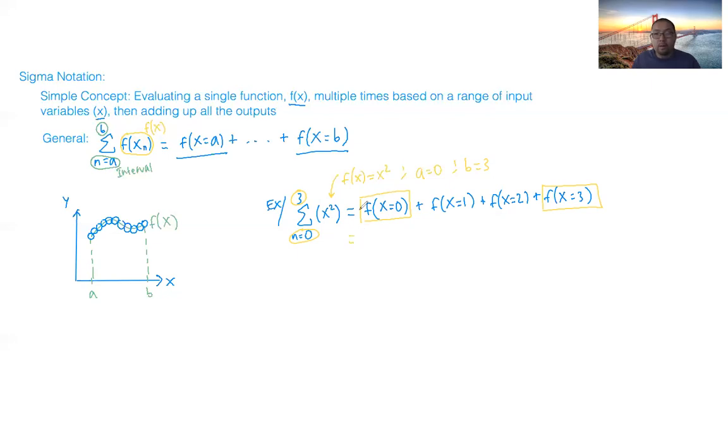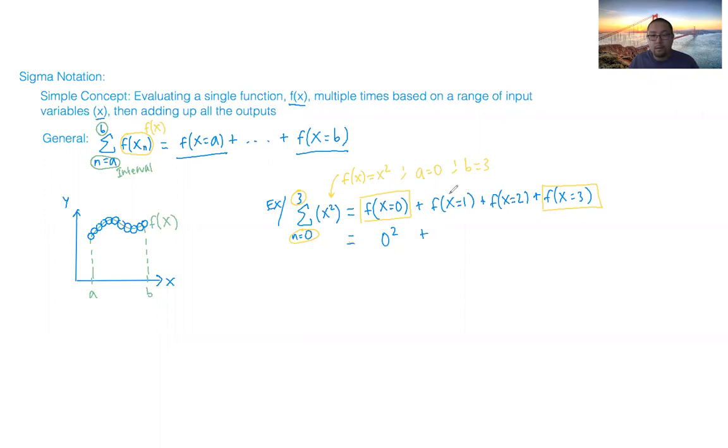Let's evaluate x squared at x equals 0. Wherever you see an x, put a 0, so 0 squared.